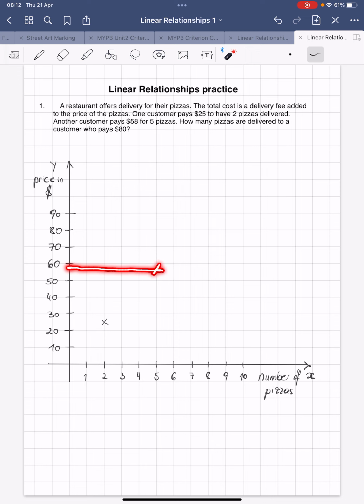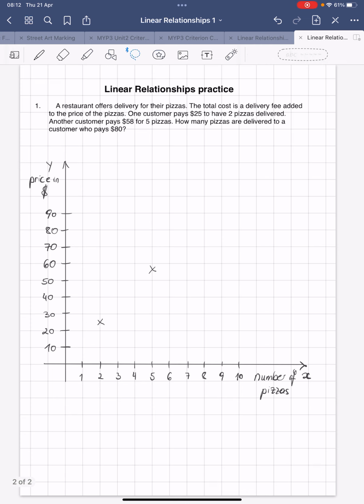So we have got the 5 pizzas for $58 right there. And I'm going to make a little mark here. Should probably be a bit further up. It's going to be easier also for you to do that on your paper. And I am going to now draw a straight line through those 2 points.